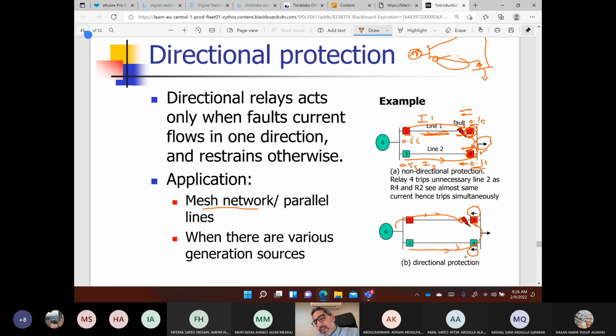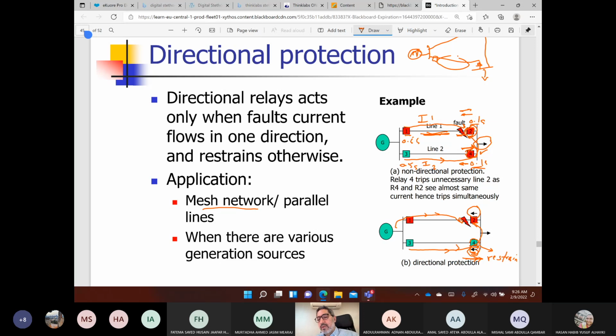What does that mean? The fault is in this direction, but the tripping action is in this one. Because the tripping action of relay 4 is opposite to the current direction, 4 will not operate. It will restrain.